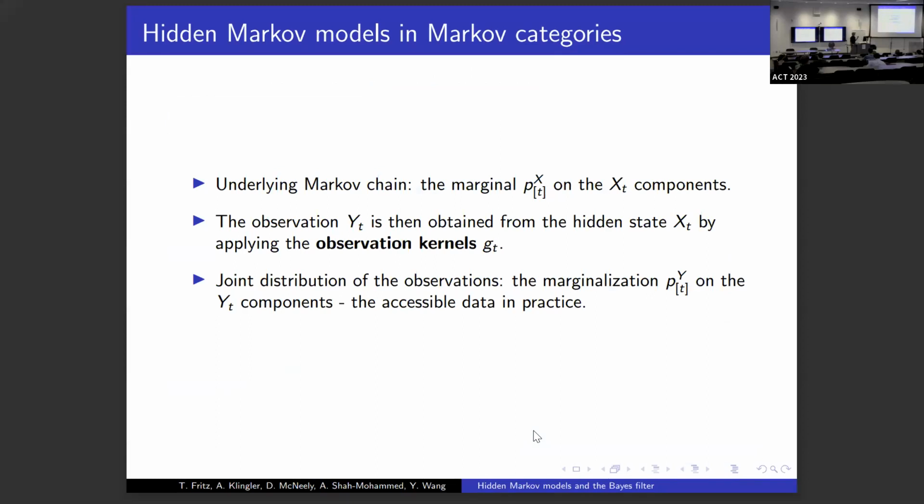So what happens then is that if you start marginalizing, which is just deleting all the copies that you're not marginalizing onto, the underlying Markov chain would just be obtained by marginalizing onto the X components. The sequence of observations, which is what you expect to be accessible in practice, is given by marginalizing onto the Y components.